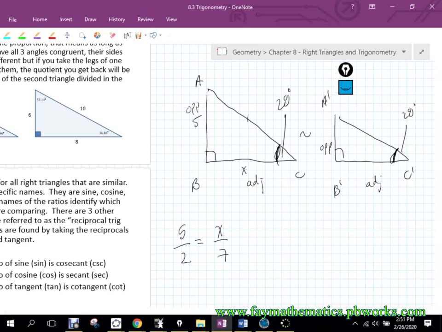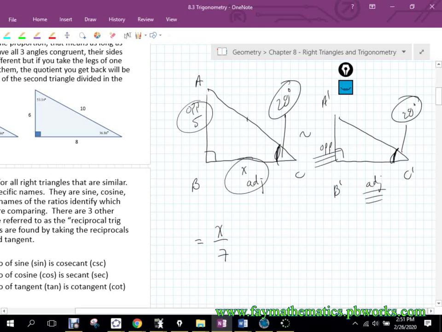However, if they both have a 28-degree angle in them, I know that that side divided by that side in that triangle is identical to that side divided by that side. So tangent would be the ratio I use here. Tangent of 28 takes the place of that 5/2 ratio. Does that make sense?